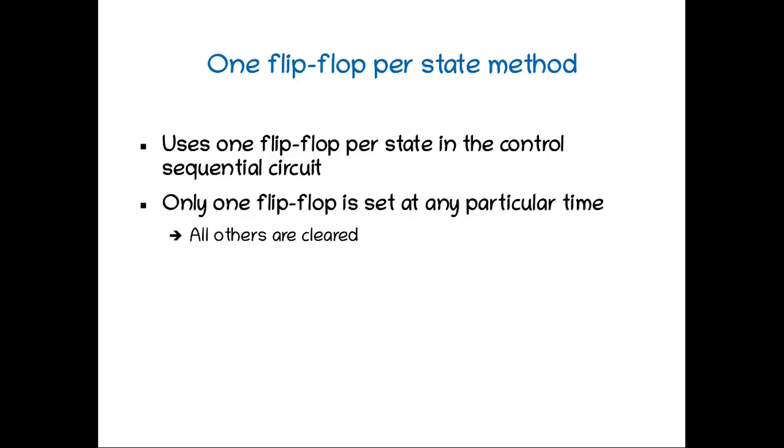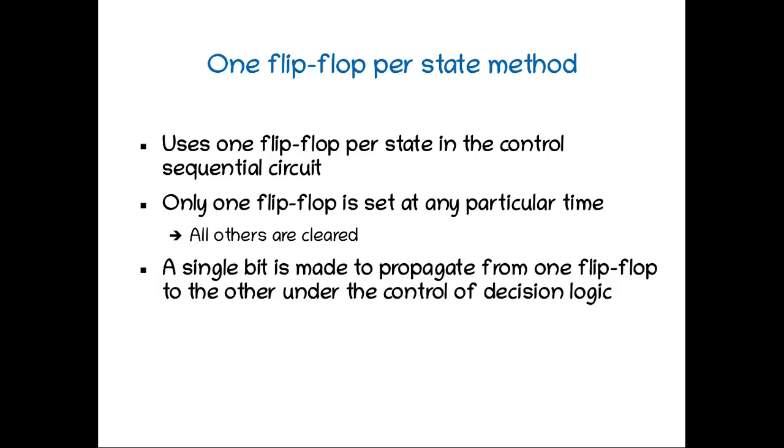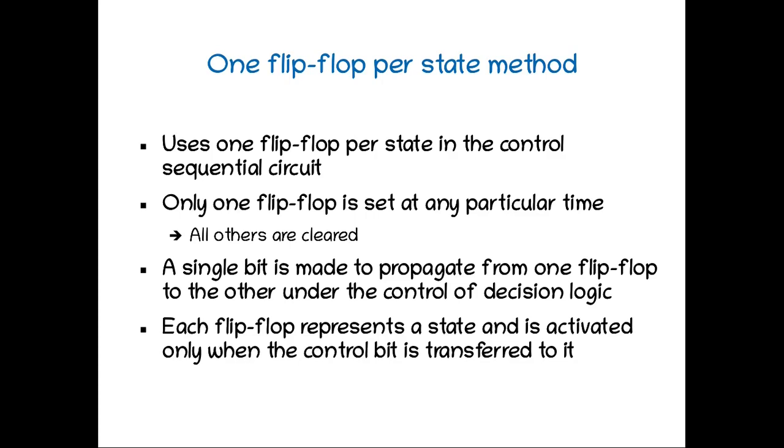Only one flip-flop is set at any particular time; all others are cleared. A single bit is made to propagate from one flip-flop to the other under the control of the decision logic. Each flip-flop represents a state and is activated only when the control bit is transferred to it.